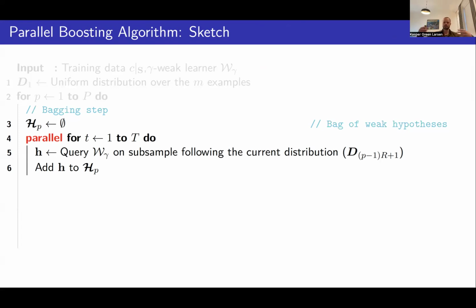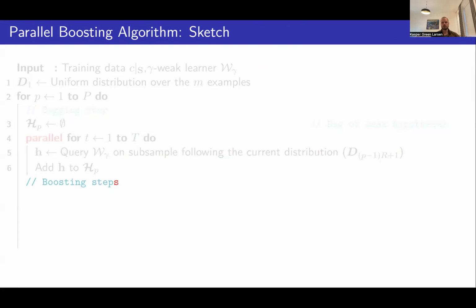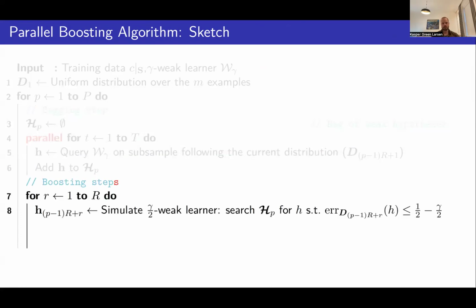So we draw all these random samples, train on all of them, and put all of these classifiers in a bag. And now we're hoping, and here there's no training, so that's important, that we can use this bag to perform R steps of AdaBoost, really.